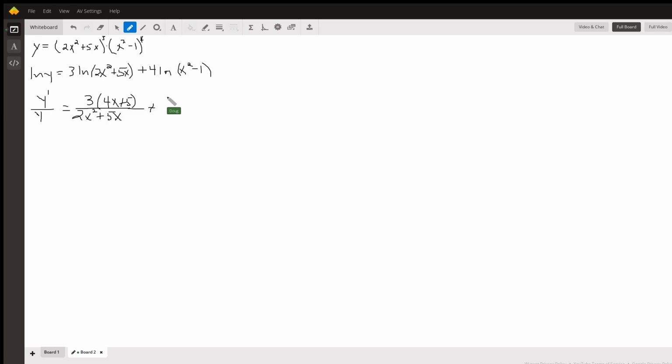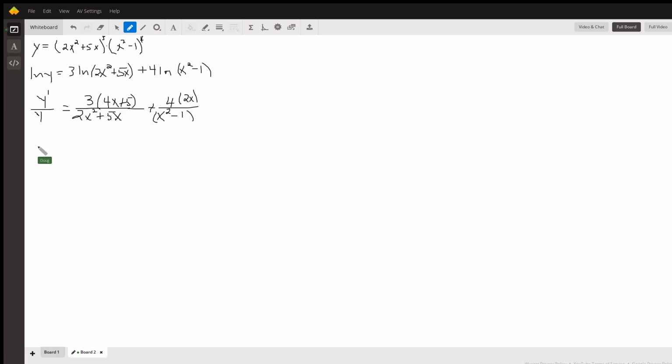I'm taking 4 times the derivative of ln of x squared minus 1, which is 1 over x squared minus 1, and then multiplying by the derivative of the inside, which is 2x.